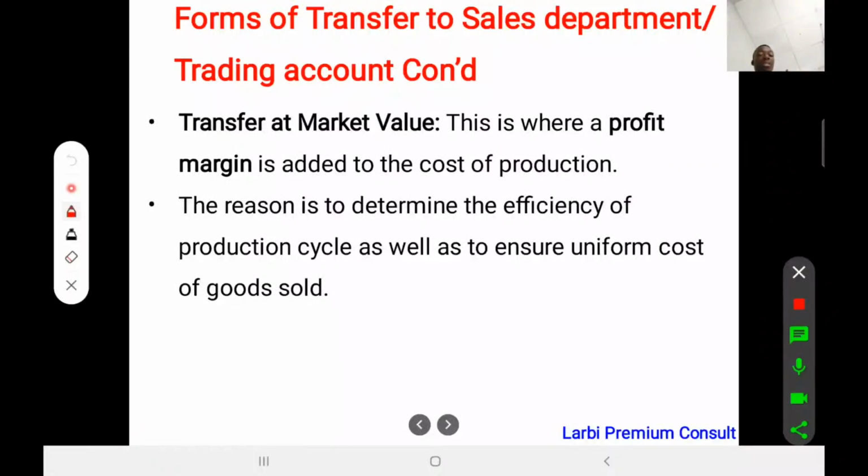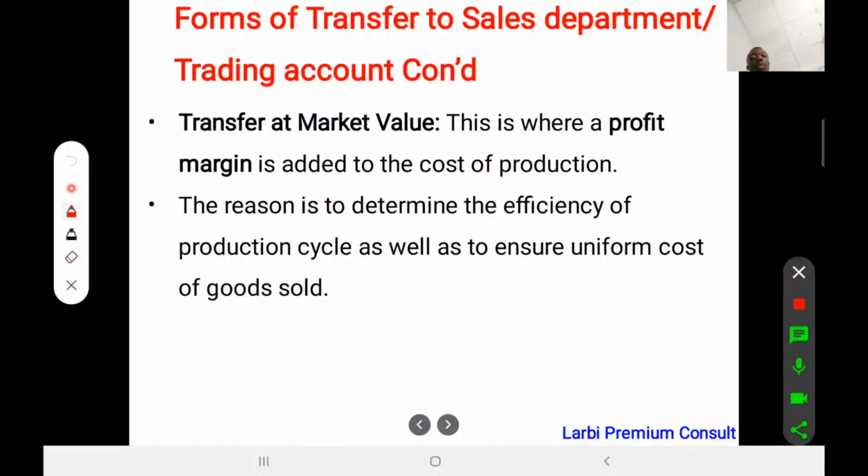That makes your production cycle efficient, and also ensures uniformity of cost of goods sold. With the market value, we want to match our product price with the market product in terms of price. So you engage in uniformity of cost in that light, and that's how transfer at market value is done.